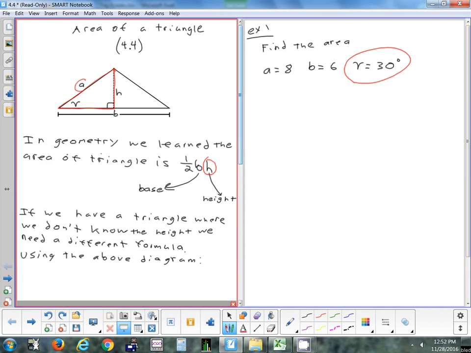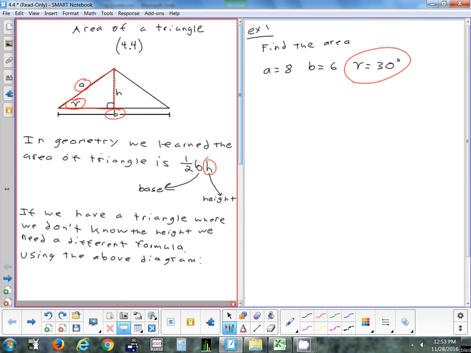They're giving you B, and they're giving you that angle. They're not giving you the height. A is not the height. That's slanted going up the side.